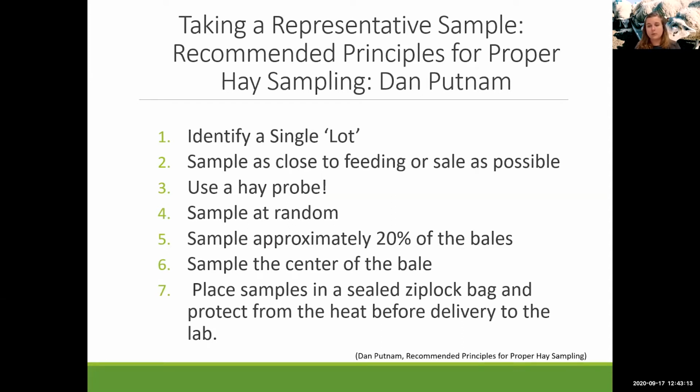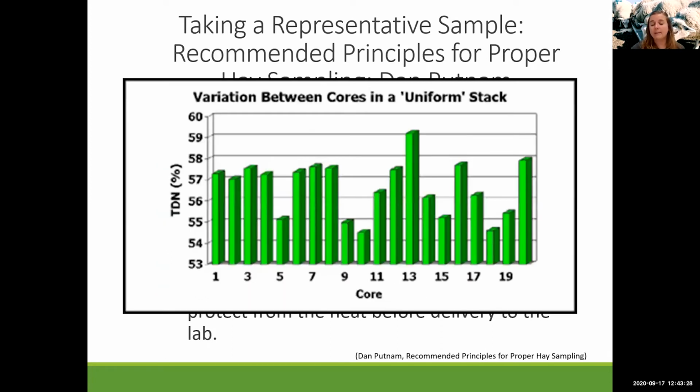But also don't choose the bales that one's at the bottom, it doesn't look very good. You need to choose the bales you're going to sample randomly, and sample approximately 20% of the bales. So if you have 100 bales in your lot, you should be taking 20 cores, combining those cores in a Ziploc bag and sending that to the lab.